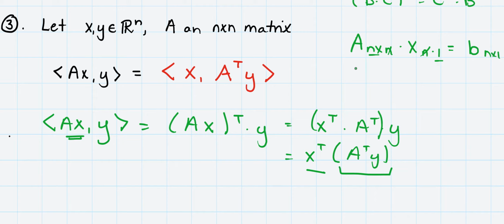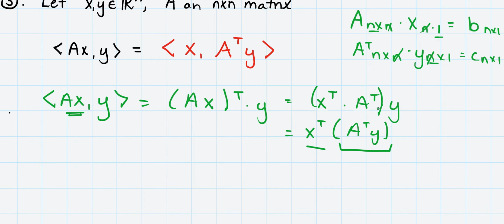But if we take the transpose of this matrix, it's going to be 1 by n, and if we multiply it with an n by 1 vector, again, we can cross these out, we're going to get some 1 by 1 number. So this is okay, what we're doing, and we're left with the inner product of x with A transpose y. So this is true.